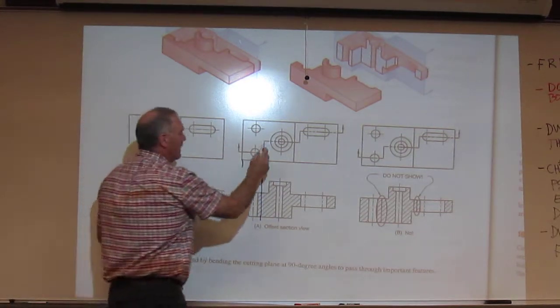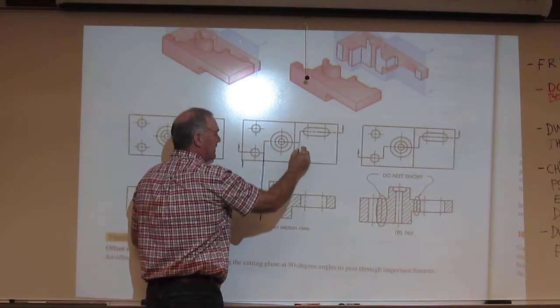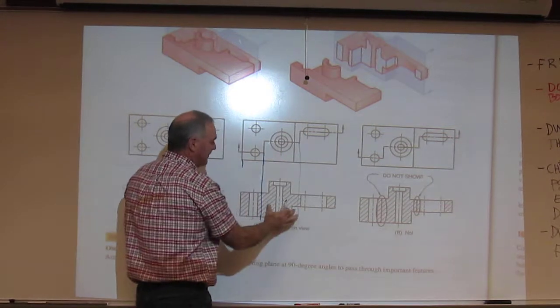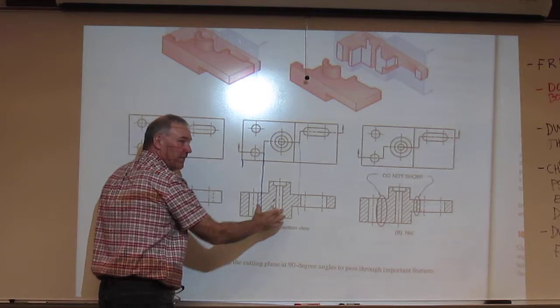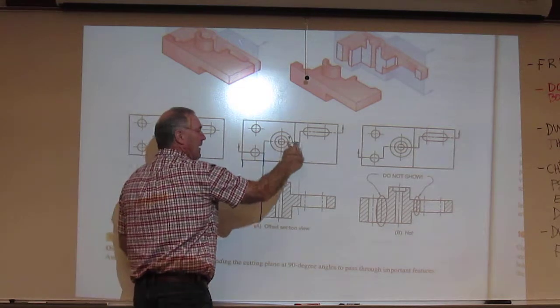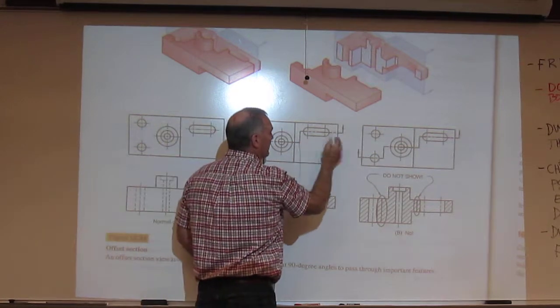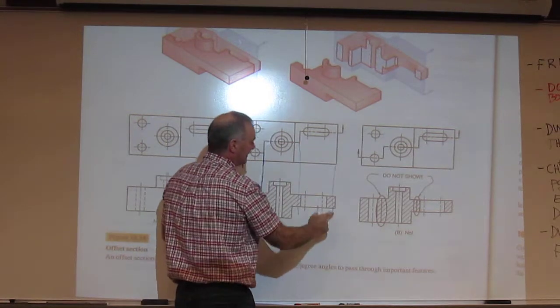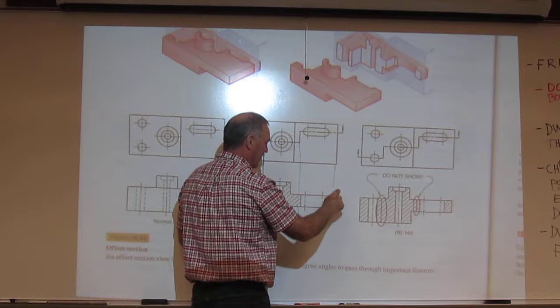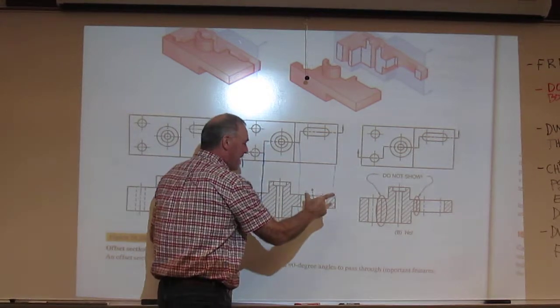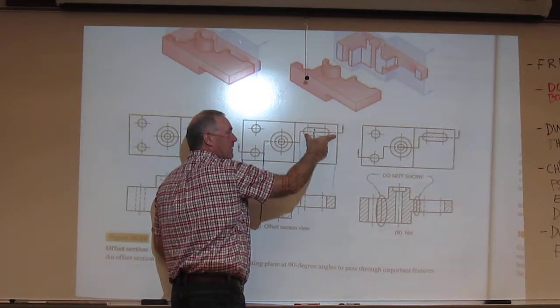Then I move and project from here to here, that gives me that portion of the drawing. And I only project what's on that line. Then I move to the next one, which is from here to here. Well, I didn't draw it real straight, it goes through the end. All that's projected is along that line.